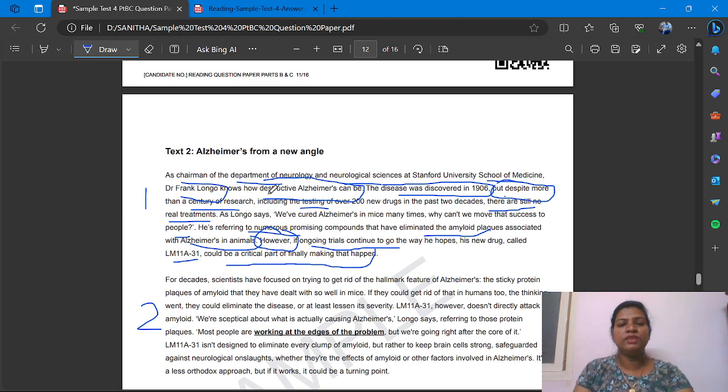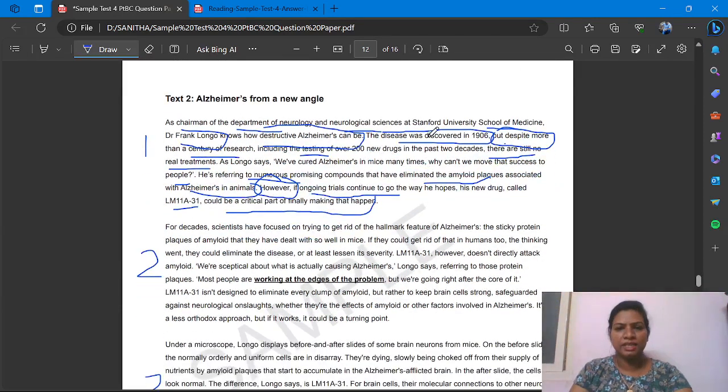Are you getting this point? You have to find out. As chairman of the department of neurology and neurological scientist at Stanford University School of Medicine, Dr. Frank Longo knows how to dissect the Alzheimer's condition. The disease was discovered in 1906, but despite more than a century of research, including the testing of over 200 new drugs in the past 2 decades, there is still no real treatment.